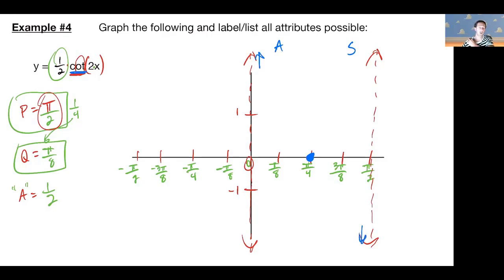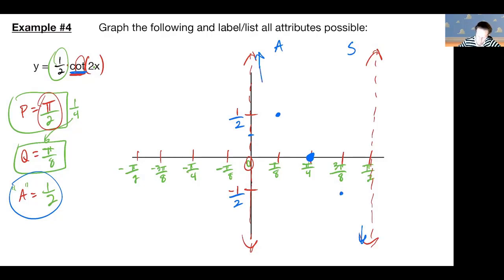But don't forget, there's also the fact that we do have this amplitude, quote unquote, change. So instead of 1, it's going to change to 1/2. So whether you put the tick mark here or you just change your way that you write it, it's up to you. All right? So right in the middle of the 0 and the asymptotes, you will go ahead and put the 1s and negative 1s, or in this case, 1/2 and negative 1/2.